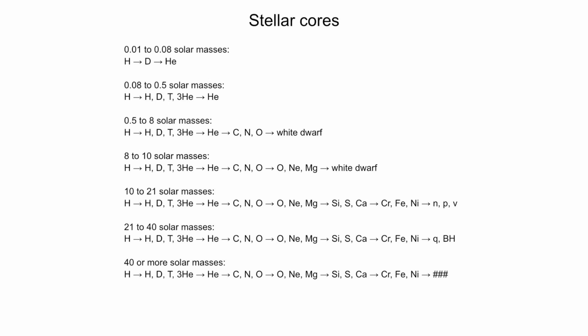Then, from 21 to 40 solar masses, it gets crazy, because at the end, basically, the neutrons and protons in the neutron star themselves can't hold up against the gravitational forces, causing it to collapse into a sea of quarks where time dilation is so absolute that pretty much no light can escape.